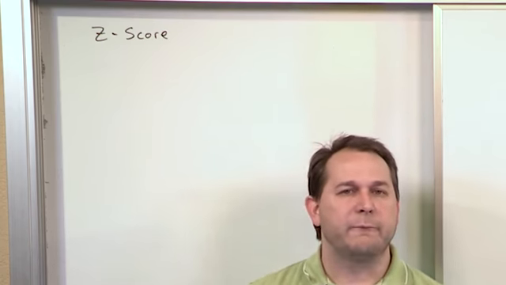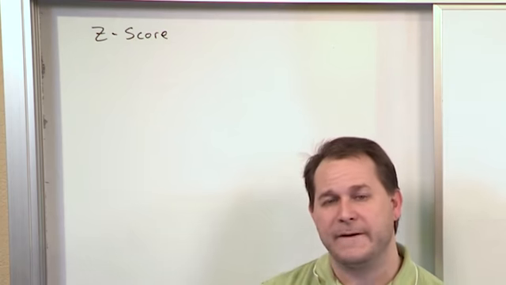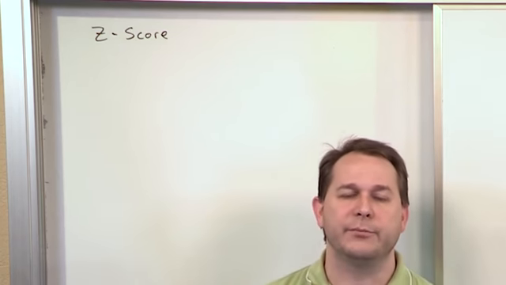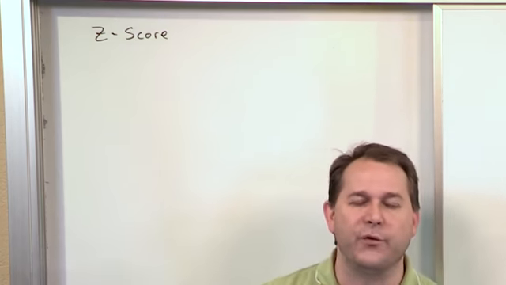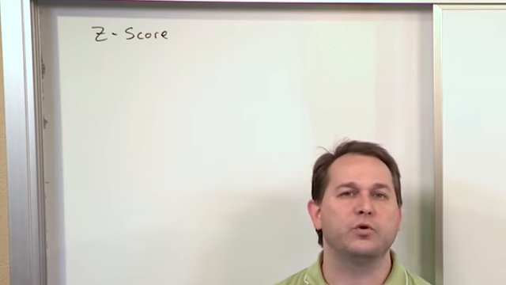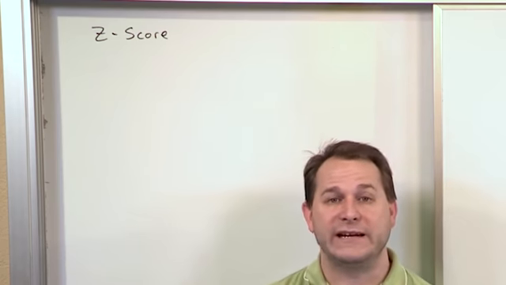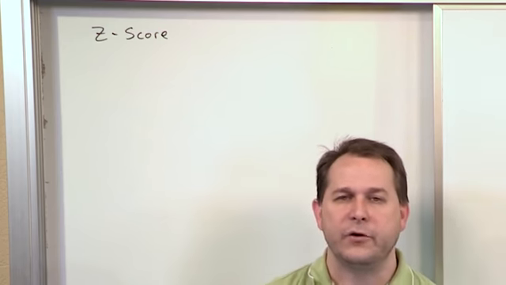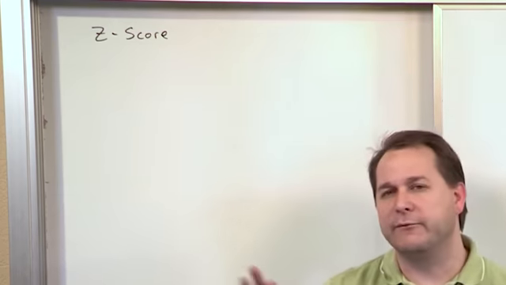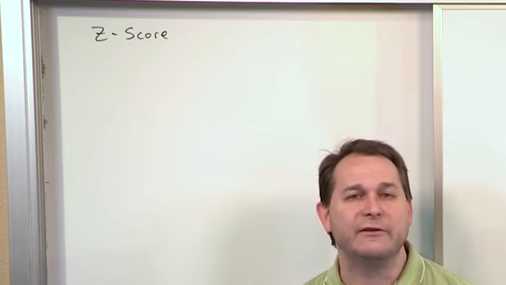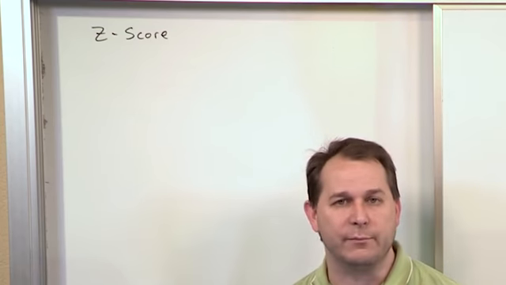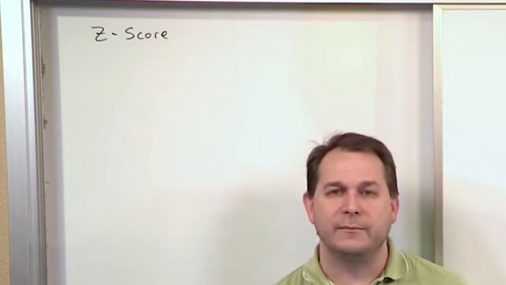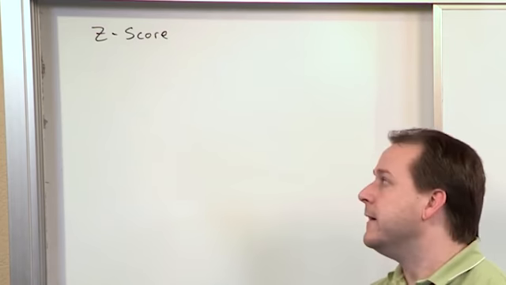So in order to solve problems, we have a standard normal distribution in the back of your book, in table form, and you can use it to solve problems. But in order to use it, you have to calculate a Z-score that you can then look up in the chart and get the answer you're searching for. All of that background material is covered in the previous volume of Mastering Statistics. I'm assuming that you know how to use a Z-chart table. If you don't, you need to go back to my previous lessons and really learn that to move on.